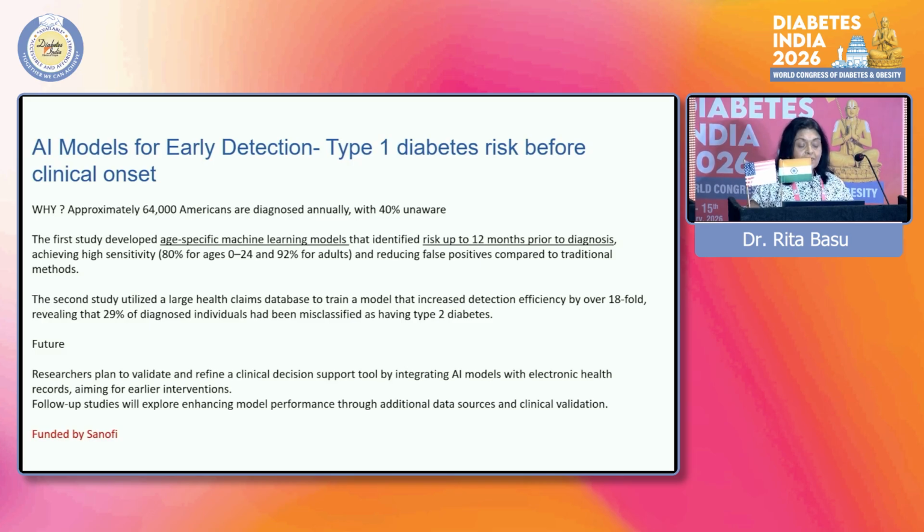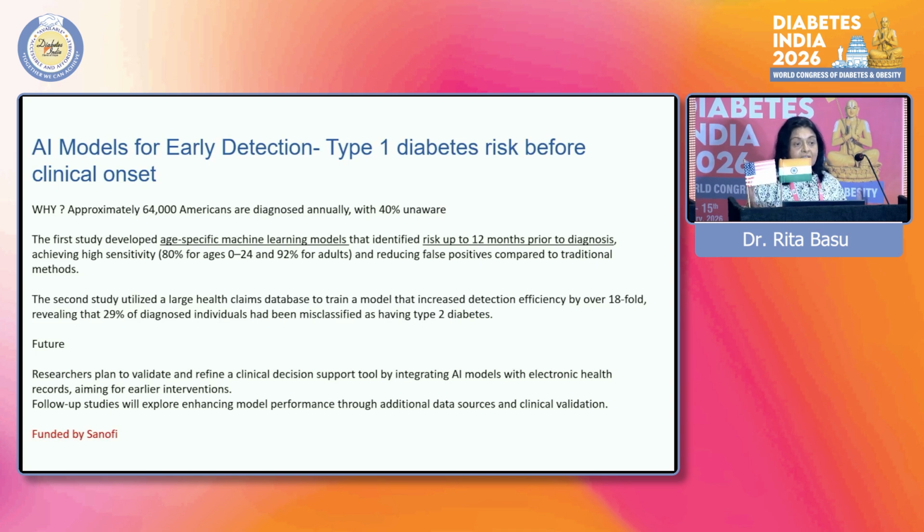The future of this is that the researchers who did these two early studies plan to validate and refine a clinical decision support tool by integrating these AI models with electronic health records, which is what we do in America, and I'm sure you do that here too.